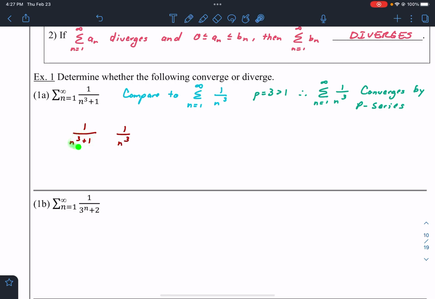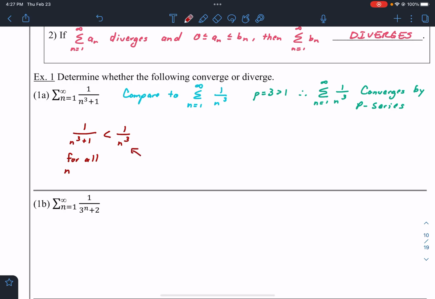So because this is a denominator, if this is a 2, I would do 2 cubed plus 1 and 2 cubed. This would be 1/8, and this would be 1/9. Well, that's going to be less than. I could keep going, but because this is in the denominator, this series is always going to be less than for all n values.